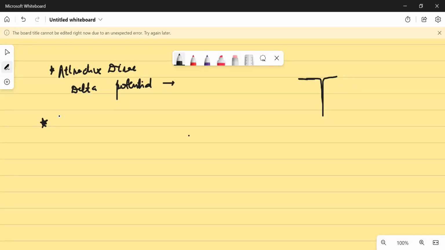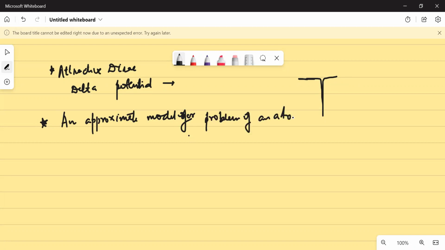So the problem that I was doing yesterday is called an approximate model for the problem of an atom near a wall, where the wall represents an infinite potential.